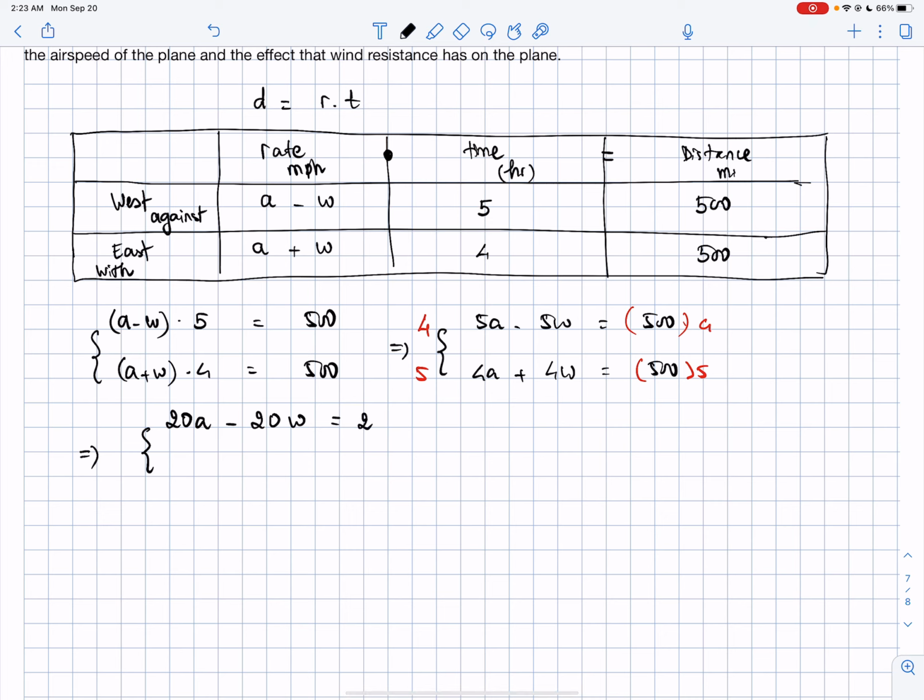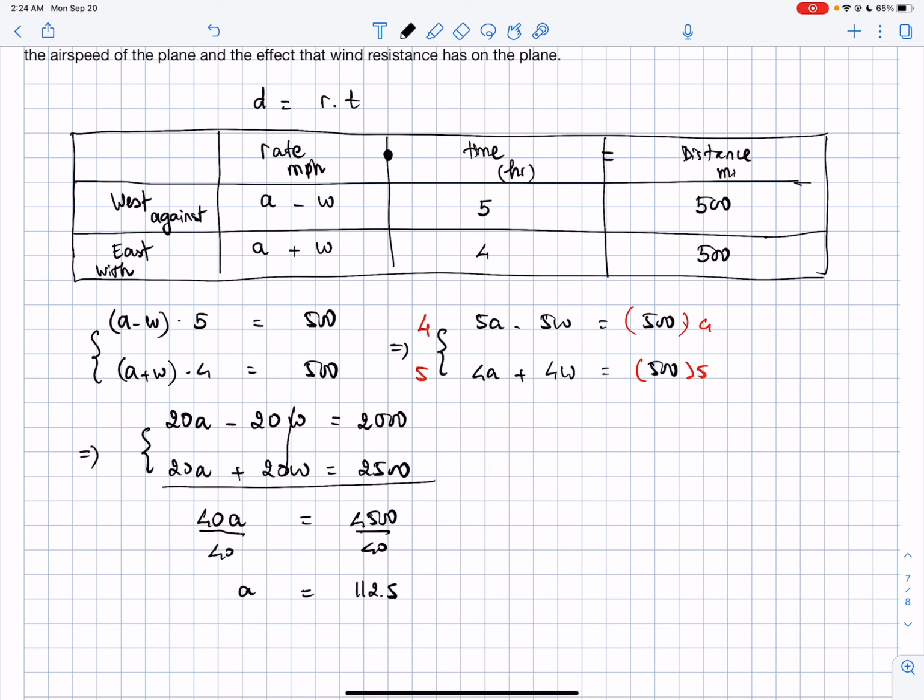So we get 20A minus 20W equals 2,000, and 20A plus 20W equals 2,500. Now we add them up, the W will be gone, so we have 40A equals 4,500. We divide both sides by 40 to solve for A. So A will equal 112.5.